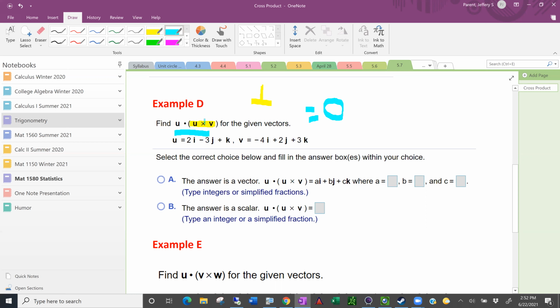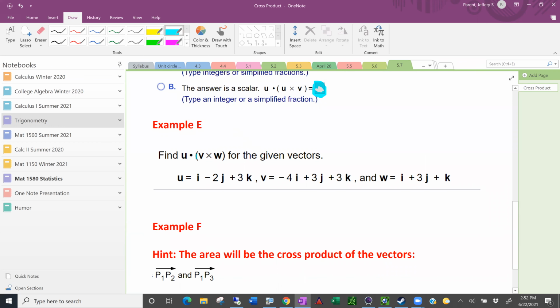Because when I do this calculation in yellow, I'm going to get something that's perpendicular to U and perpendicular to V. But most importantly, it's perpendicular to U. So if I take the dot product, I'm going to get 0. So the answer would just be 0 right here.